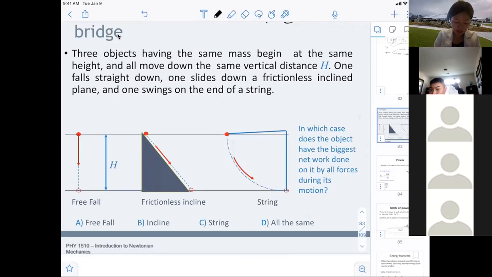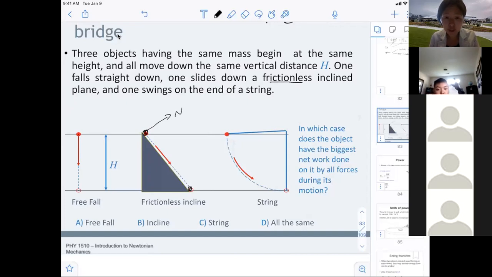The second is this little object going down the ramp. So you know, it's a frictionless inclined plane. It's a ramp, so you have normal force. So let's take a look at that. So from going here to here, going down, do you think normal force does any work on the object?